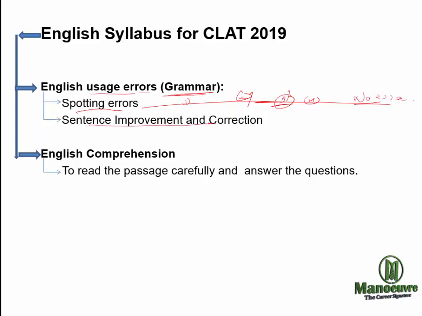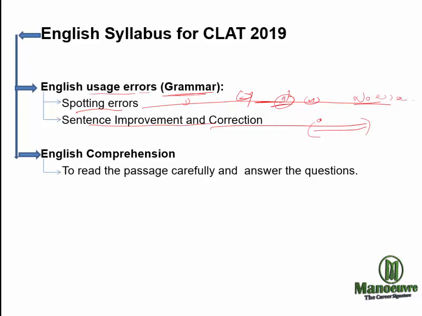The same goes for sentence improvement. In this type of question, they give you the sentence, mark a particular part of it, and ask you to improve that part based on the grammar rule. Say, I'll give you an example: "Neither Nepal requires the Indian citizens obtain passports to enter the country, or Bhutan does."